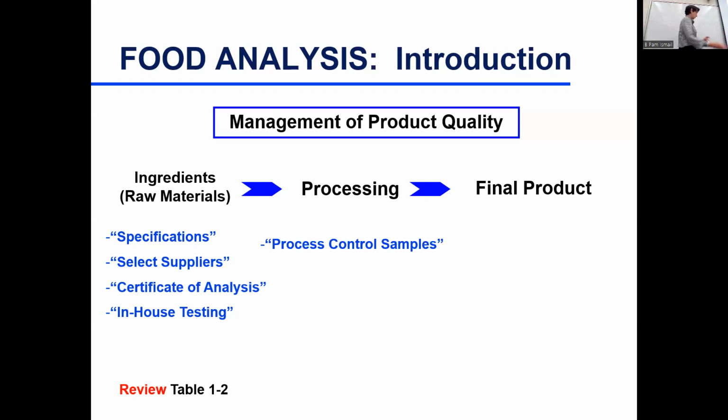And then there are processing steps, and sometimes during processing you want to pull out samples and do testing. So I'm preparing yogurt, so I need to measure acidity or pH during the production, or I am producing flour samples, and I'm removing the bran, so I'm preparing a white flour sample.